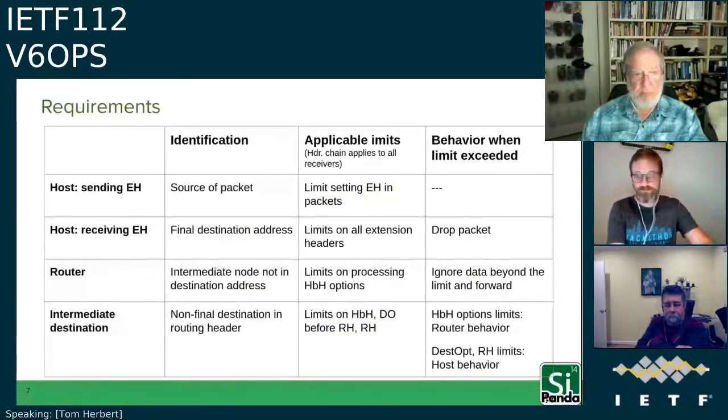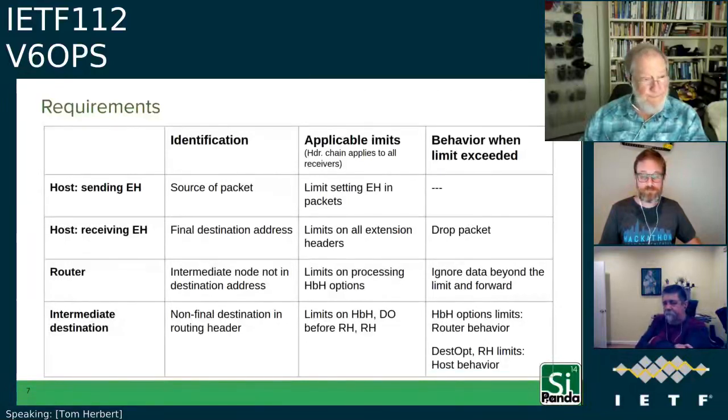This is when we have destination options before the routing header. This is interesting because it's actually a cross between host behavior and routing behavior. So the idea is, again, mostly router behavior, but in some cases, like destination options, it becomes more like host behavior.